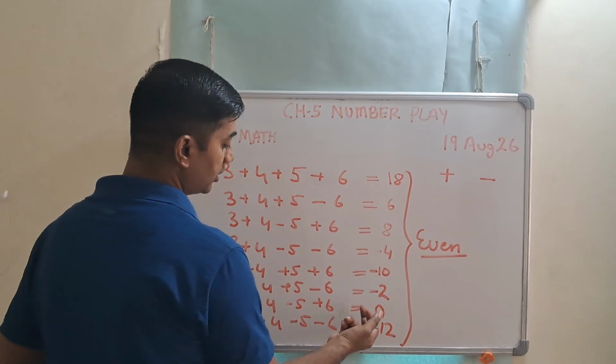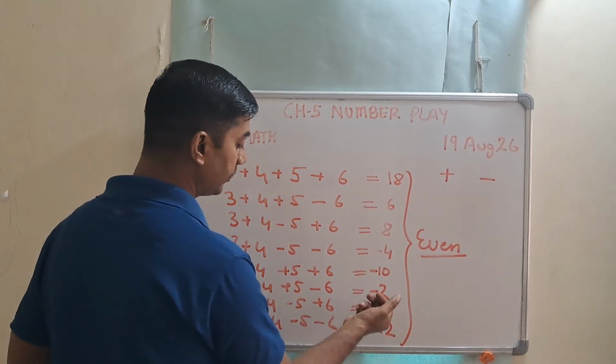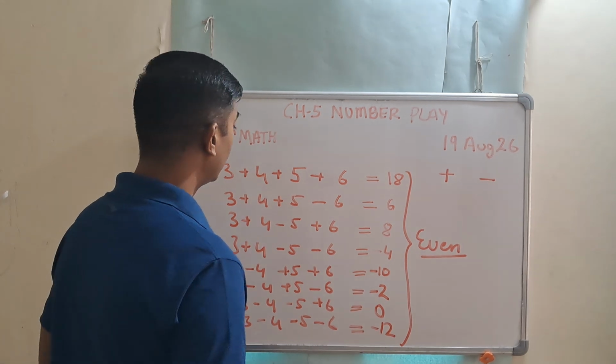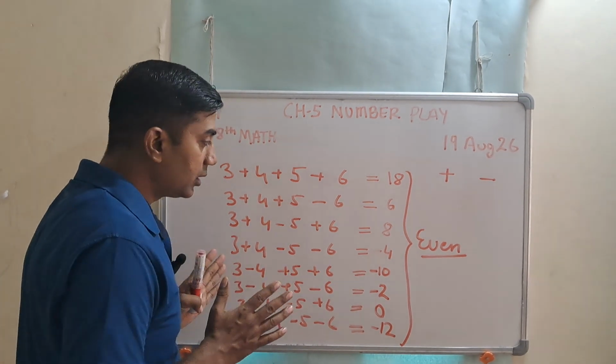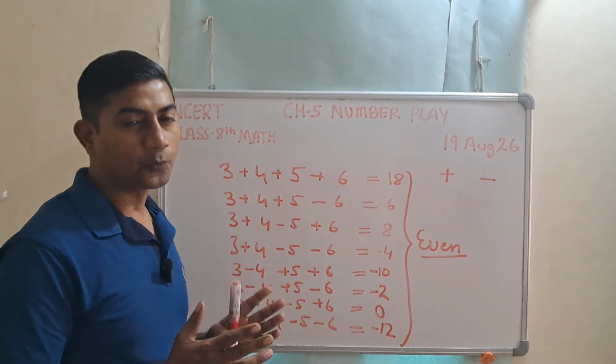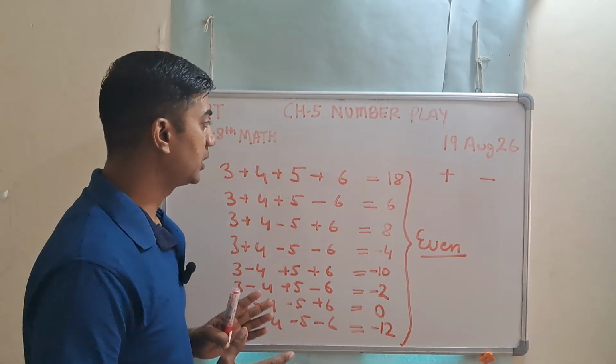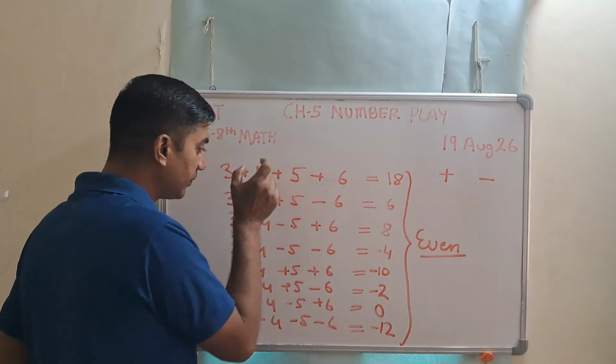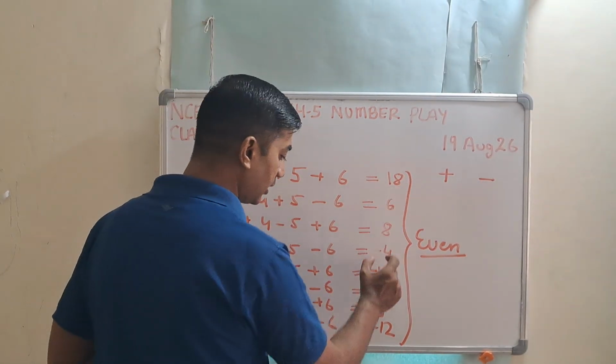Means 2, 3, 4, 5, any number you place, that number will become even. That's why we are considering it as even. So we see that when you are given any four different numbers and you apply any type of combination between them, you will get an even result.